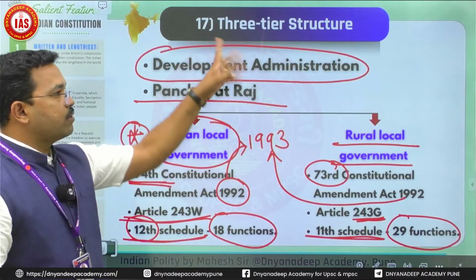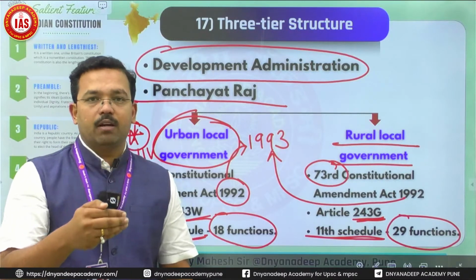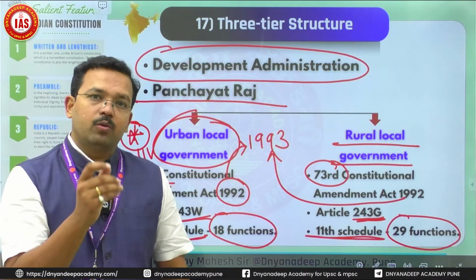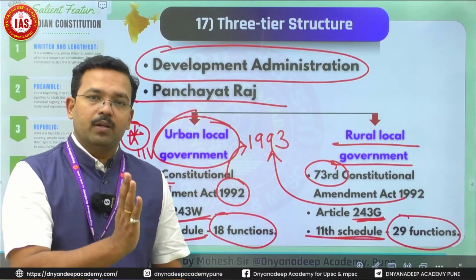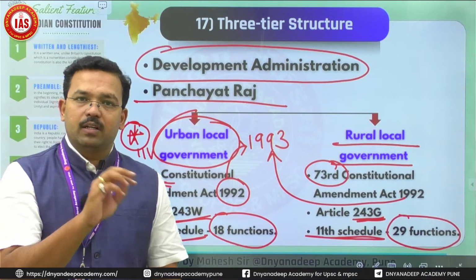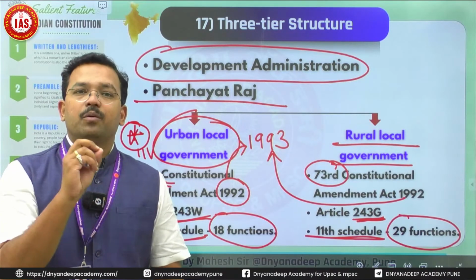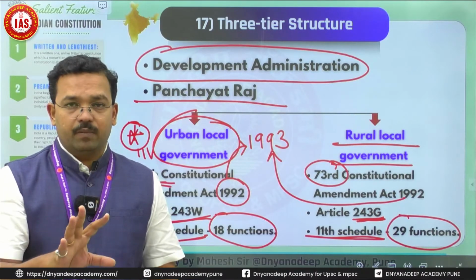We have a three-tier structure which includes central government, state government, local government. At local government, we have two important bodies, urban local bodies and rural local bodies. Urban local bodies: Nagar Panchayat, Nagar Parishad, Nagar Palika, Mahanagar Palika. Rural local bodies: Gram Sabha, Gram Panchayat, Panchayat Samiti, Zilla Parishad.